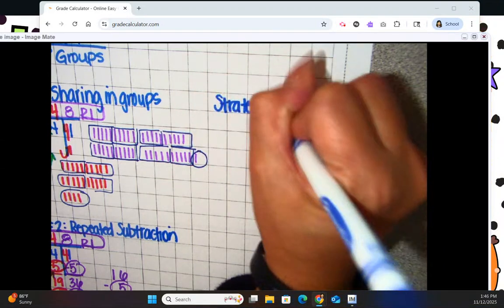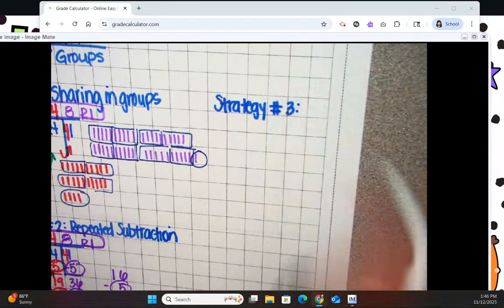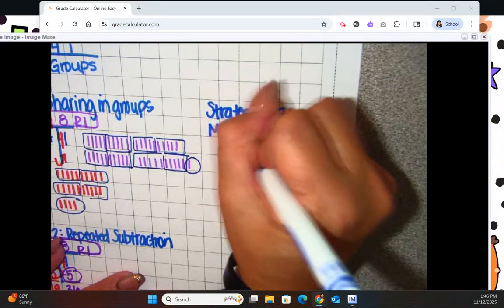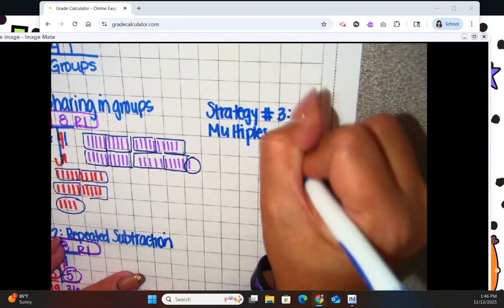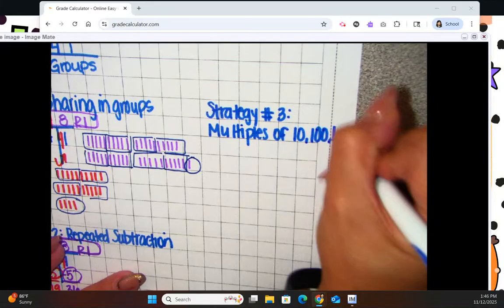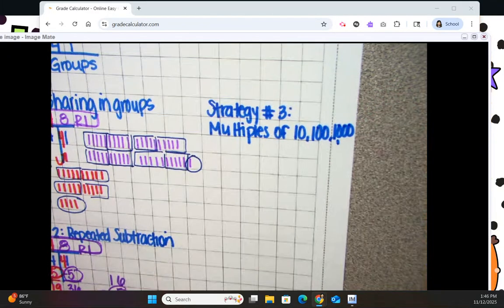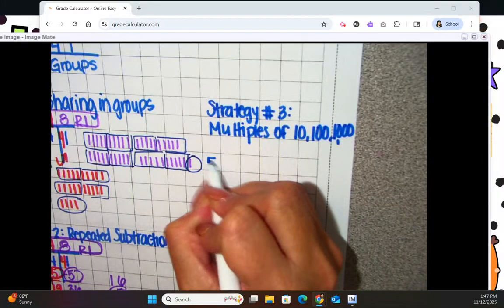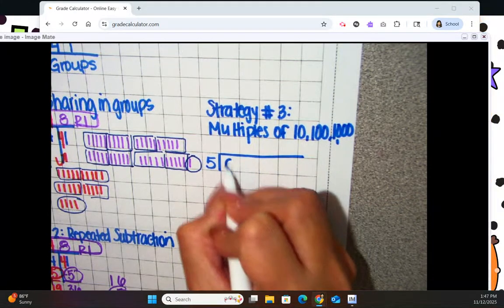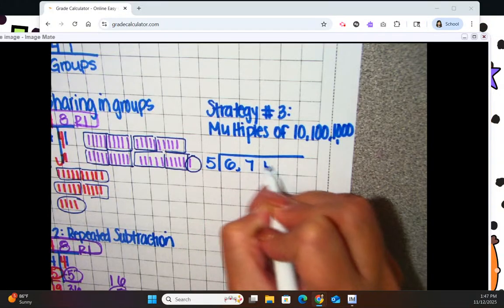Strategy number 3 is your multiples of 10, 100, or 1,000, depending on how big your number is. 6,741.